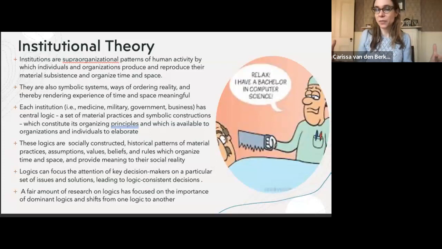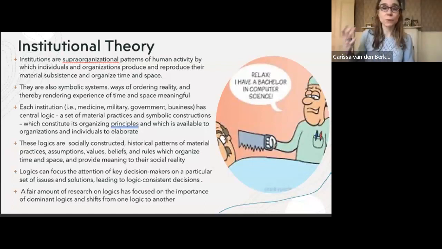We can also think that when we have interprofessional teams, we're often working across different institutions, like medicine versus the behavioral health, social service institution, or allied health institutions that have different symbolic systems.